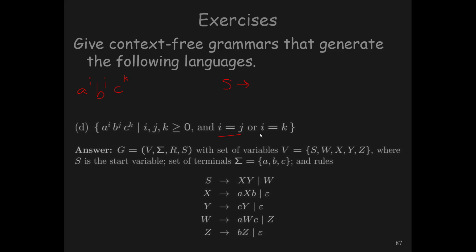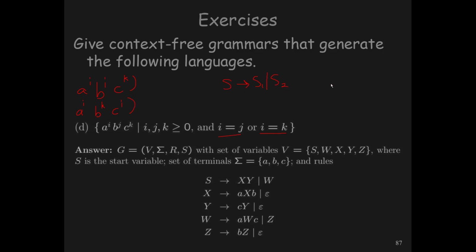The other side is if I equals K, in which case you have A^I, B to the K, or J, whatever, and then C^I, right? So we're going to have a possibility for each one of these. Let's say this is S1 and this is S2. So S produces S1 or S2, okay?